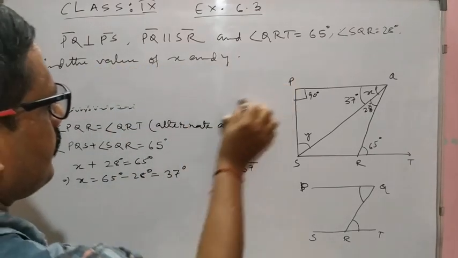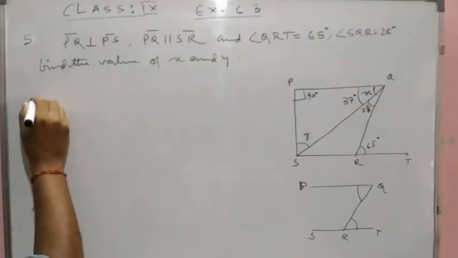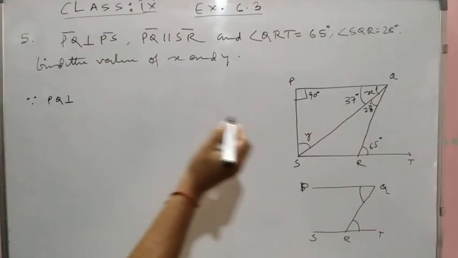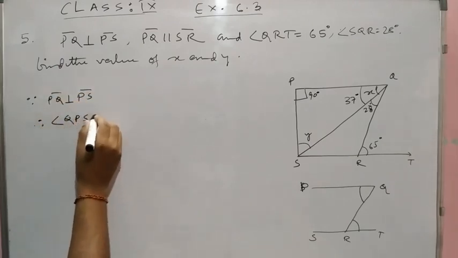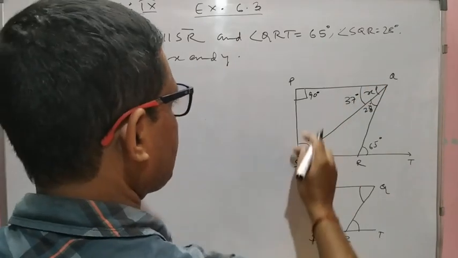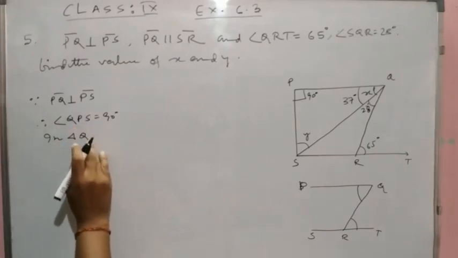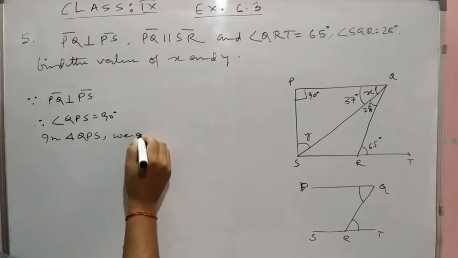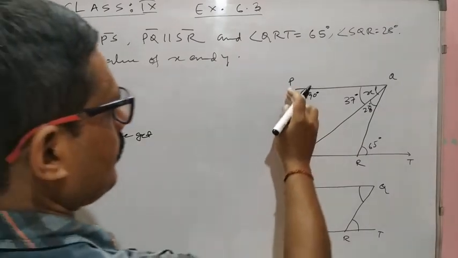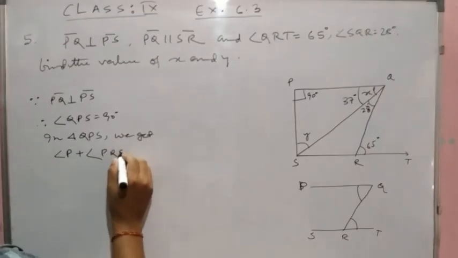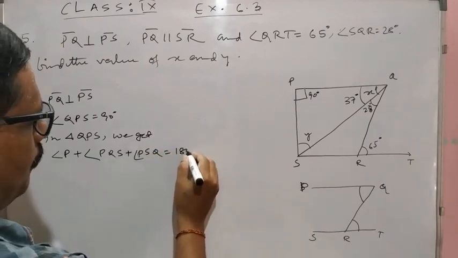Since PQ is perpendicular to PS, therefore angle QPS equals 90 degrees. So in triangle QPS we get angle P plus angle PQS plus angle PSQ equal to 180 degrees.